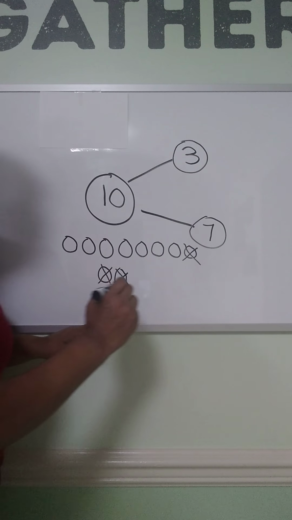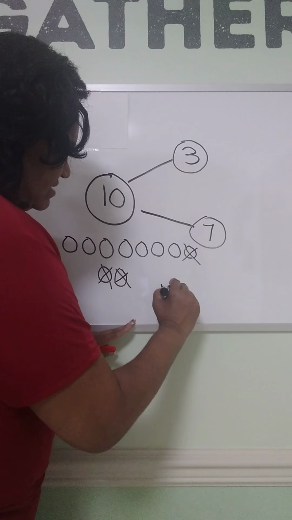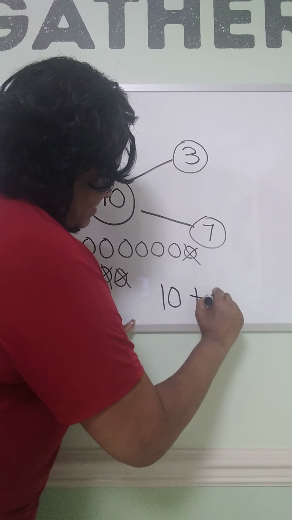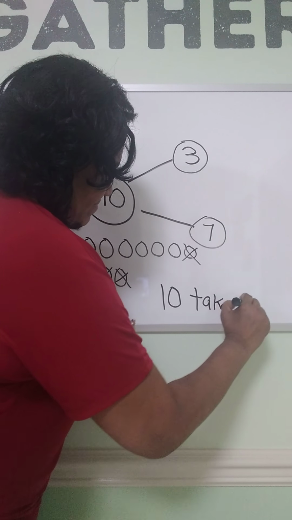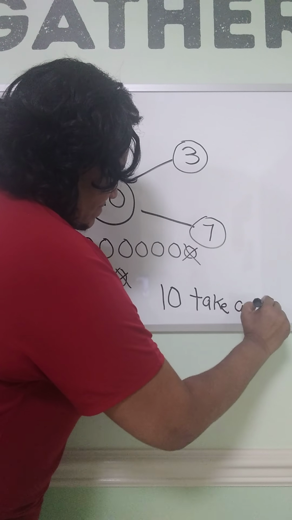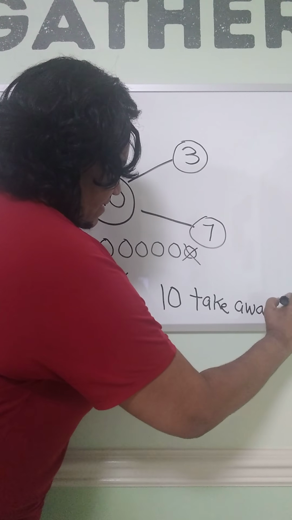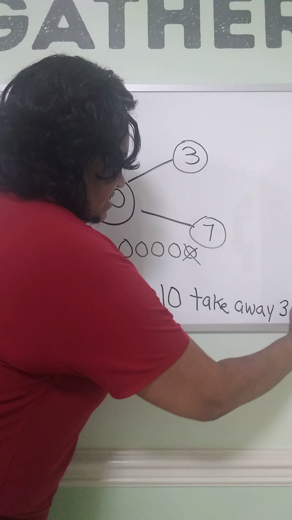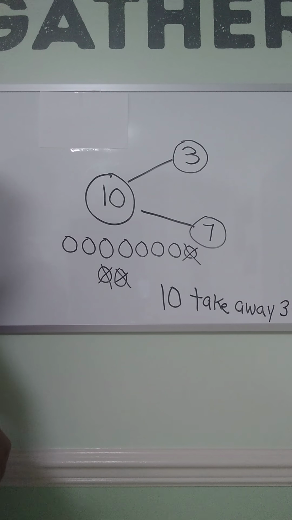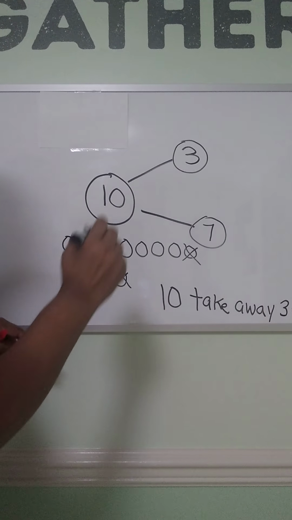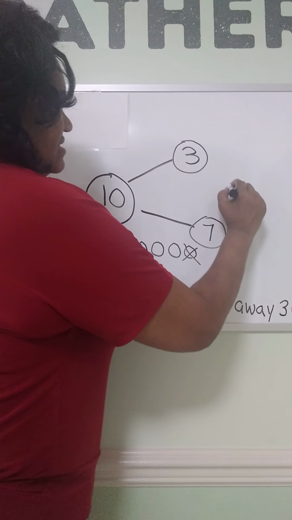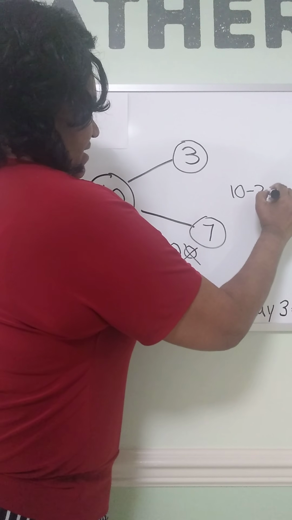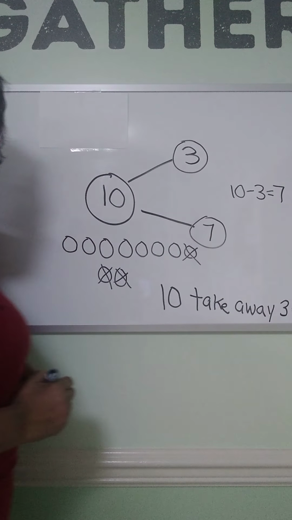And this is how we're going to write it. 10 take away 3 equals 7. Okay? Or you can also say 10 take away 3 equals 7.